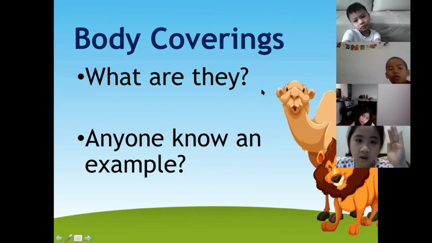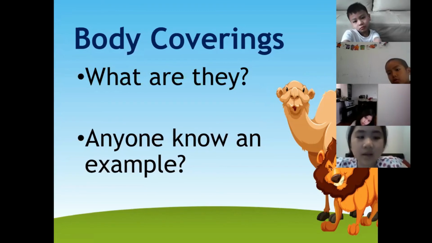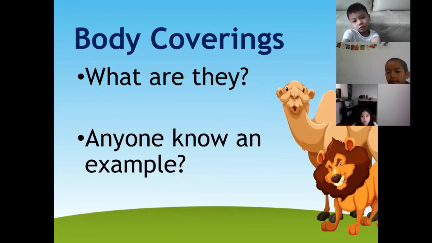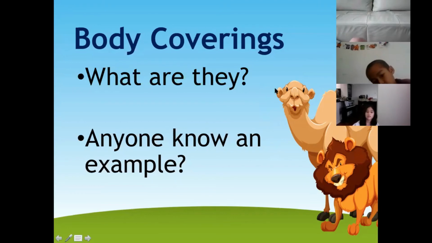What else? Teddy, go ahead. Body covering of animal is the skin and the feathers and fur covering the whole animal body. Excellent answer. Skin and fur, those are also body coverings.